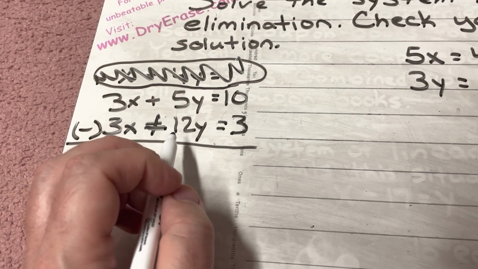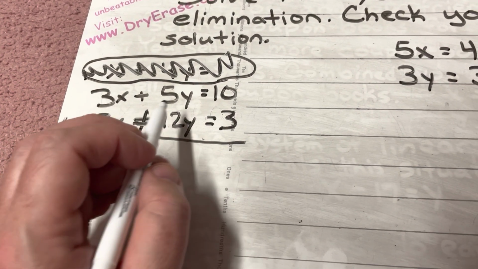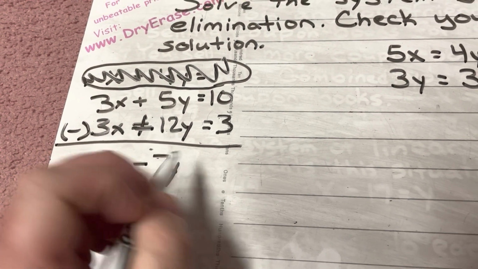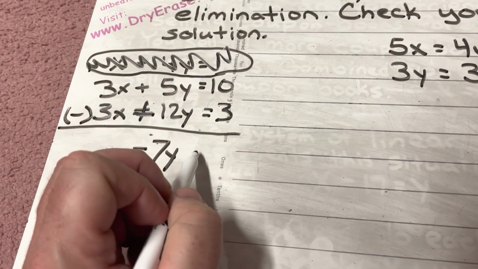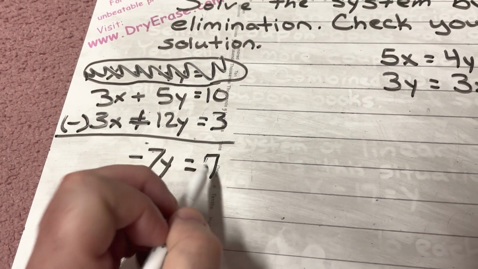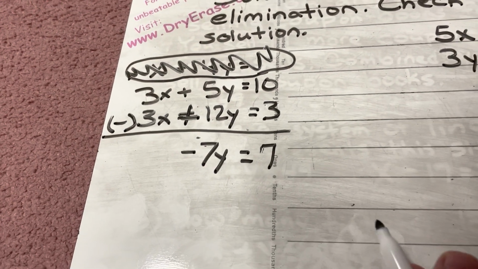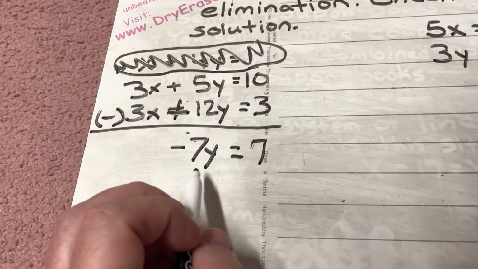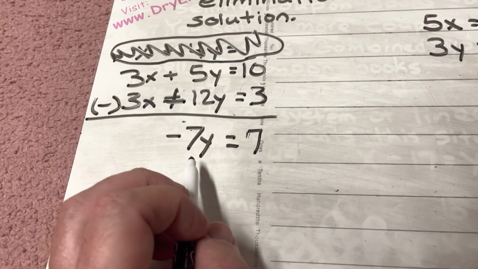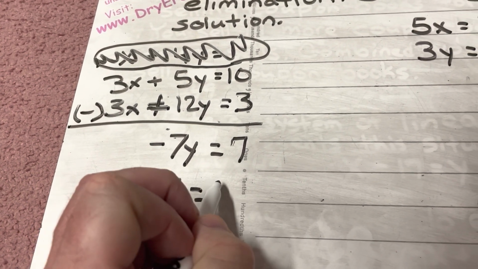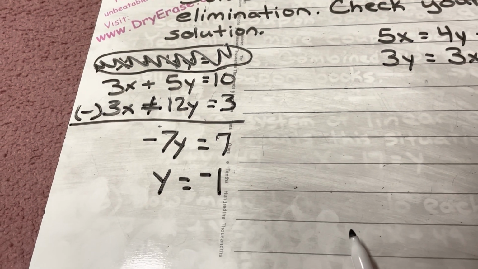A positive 5 minus a positive 12 is a negative 7y. And then 10 minus 3 equals 7. Most of the time, as you know, the numbers will work out in some way. Now, to isolate y, obviously, I'm going to divide everything by negative 7. So y equals negative 1.